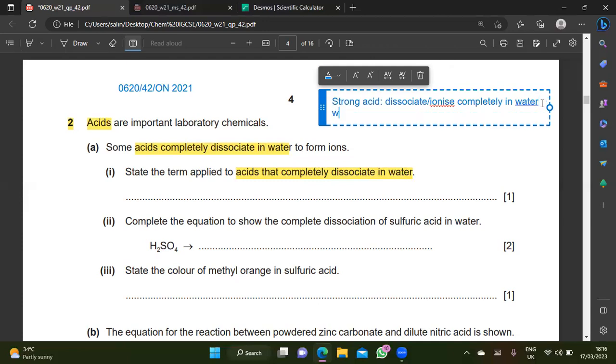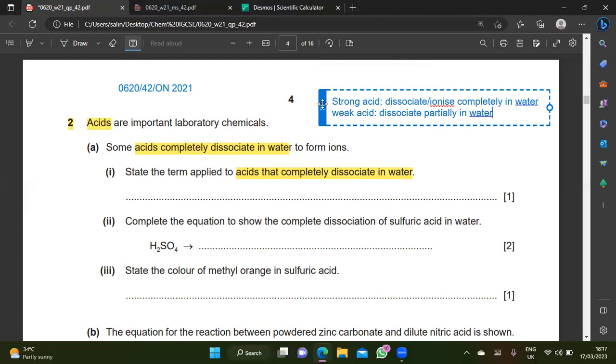We have only two types of acid, strong and weak. What about weak acid? Well, it is the opposite. Dissociate or ionize partially in water. So that's the difference.